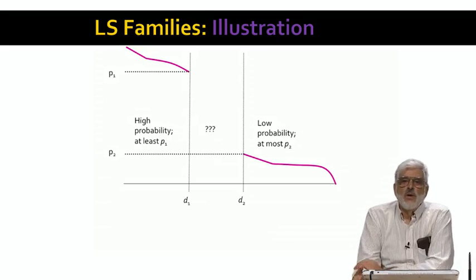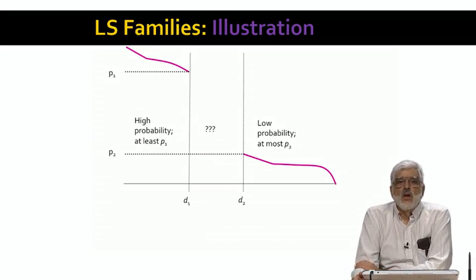Here's a picture of what we know about the probability of h of x equaling h of y. For distances d1 and below, we know the probability is at least p1, and for distances d2 and above, we know the probability is at most p2. Between d1 and d2, we know nothing.